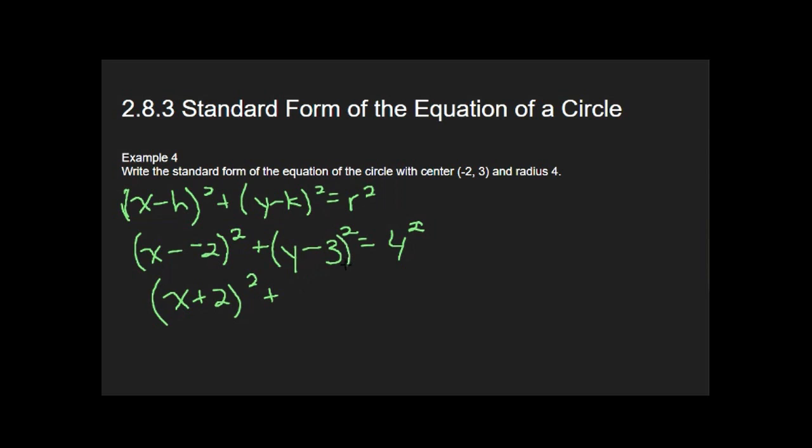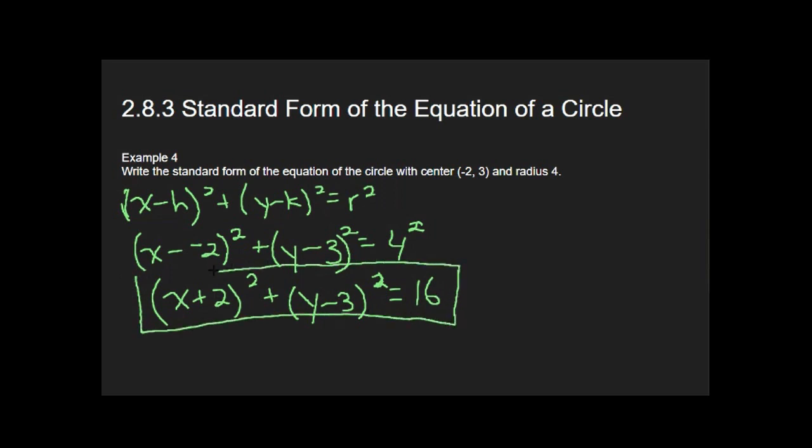The y is already simplified, y minus 3 squared, and then 4 squared is equal to 16. So this is the standard form equation for a circle with a center at -2, 3, and a radius of 4.